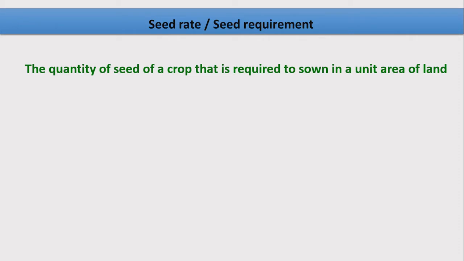Seed rate or seed requirement is the quantity of seed of a crop that is required to be sown in a unit area of land.